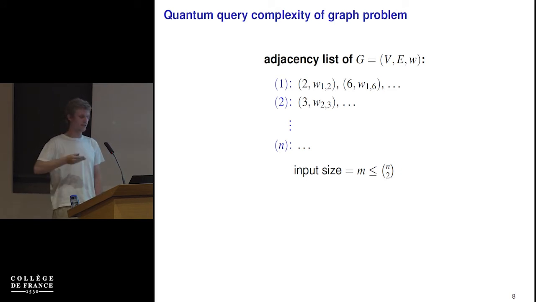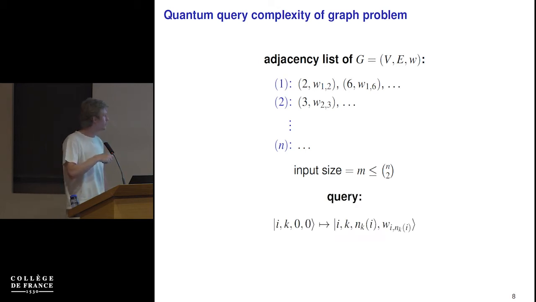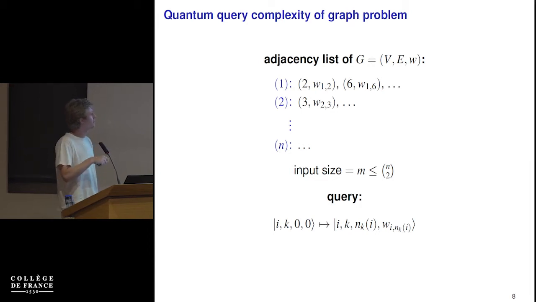So the total size of this list scales with m, the input size. For a sparse graph, we would have a smaller input size. And our query takes a slightly more complicated form. We have a vertex i and an index k, and provided i has at least k neighbors, we return the index of the kth neighbor of i and the weight of the corresponding edge. So we're basically just querying for the kth entry in this list of a vertex.